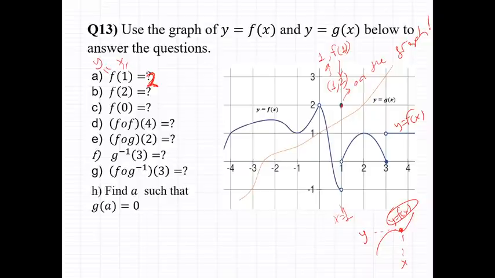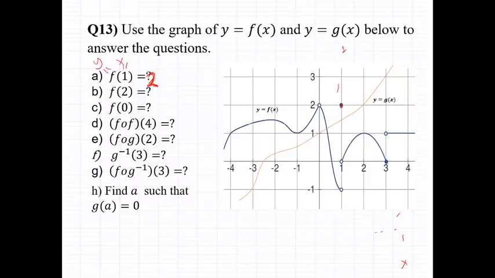Now for f of 2, you find x equal to 2, it's here, and you find the corresponding point on the graph, and this is on the graph because it's not empty.